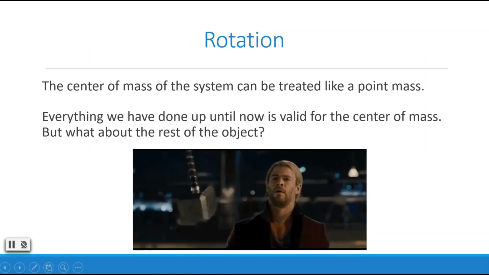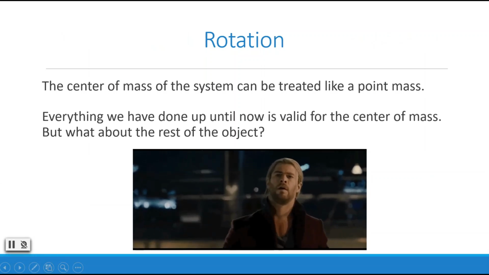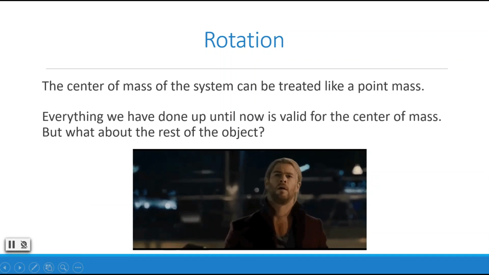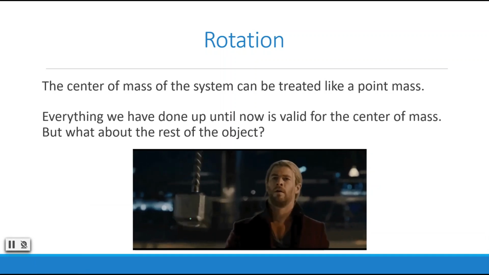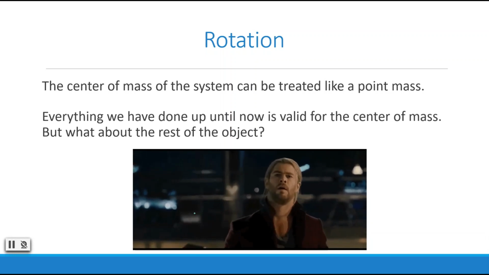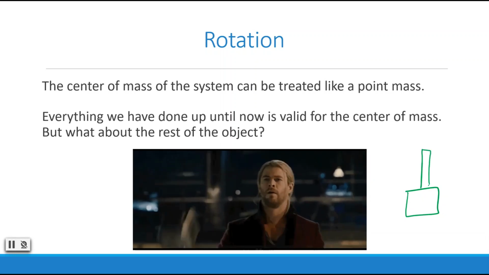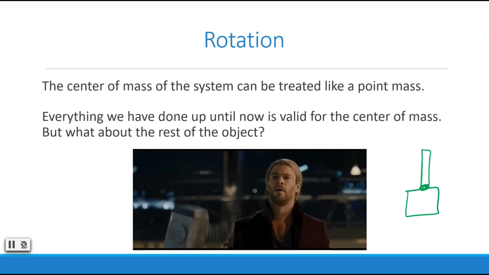If we take a look here at Thor tossing his hammer up and down, wherever the center of mass of the hammer is, if it's well balanced, it's going to be right here.